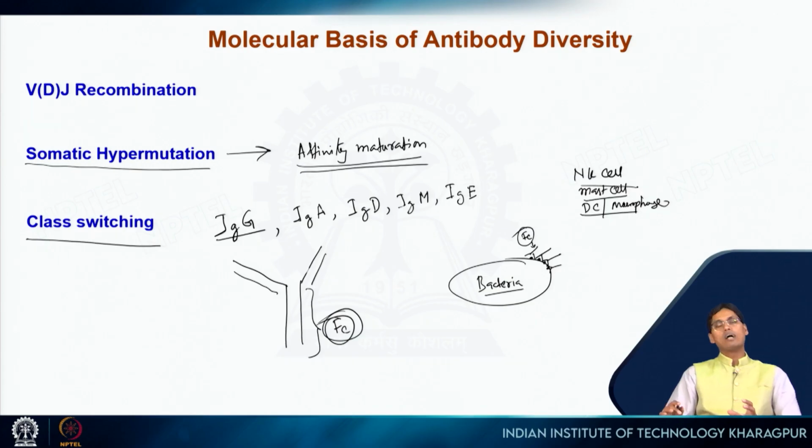So this is the idea of how antibody helps in clearing infection, right? It's a very powerful tool, and particularly this VDJ recombination, somatic hypermutation, and class switching are very important for the production of this antibody.